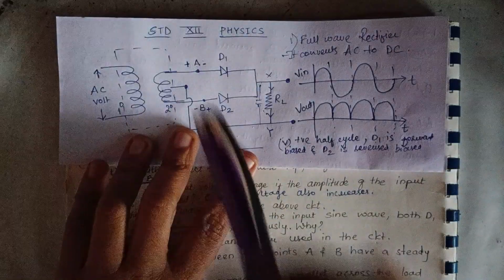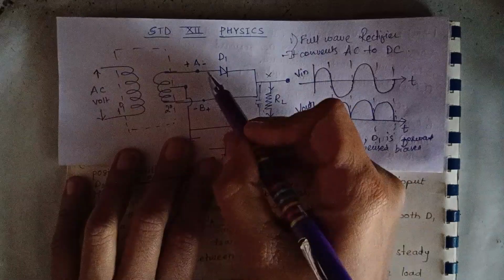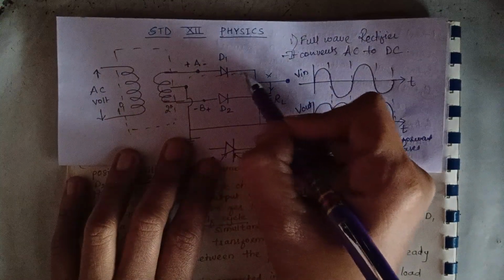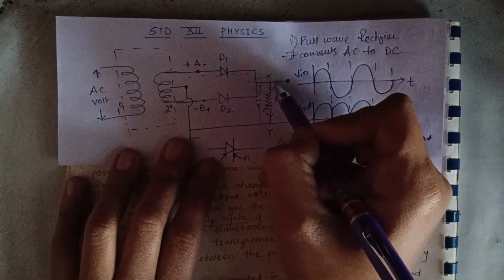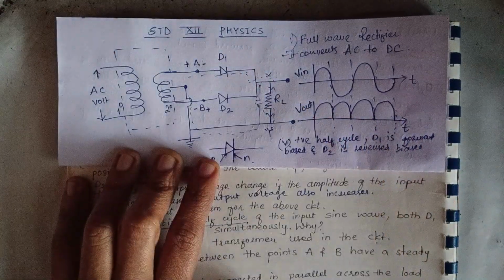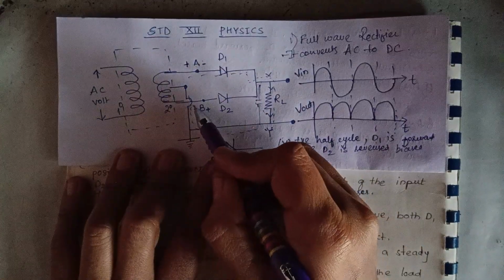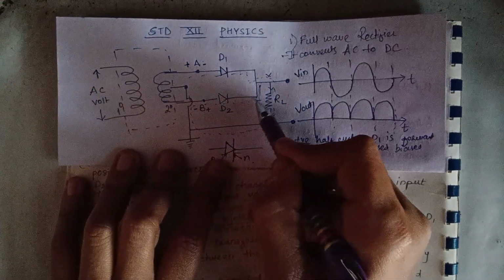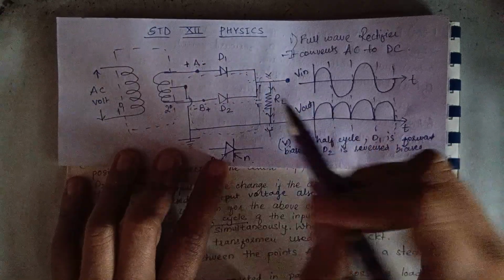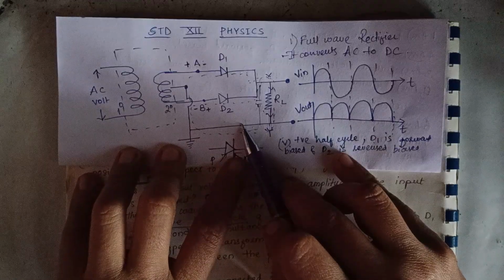Look here, when it is a positive half cycle, current flows like this, from here to here. Now for the negative half cycle, it flows from here to again here. That is, for RL, the direction of the current remains the same.